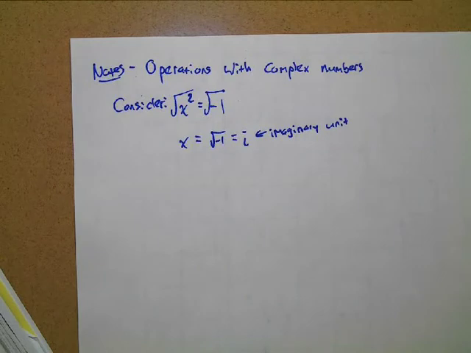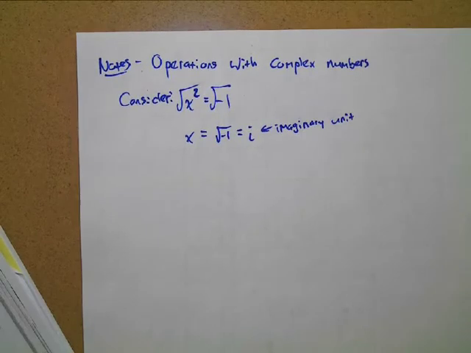Complex numbers include all the reals and all the imaginaries, and also numbers that are real and imaginary together. You should have seen this back in Algebra 1, but it's been a while, I get it. So we'll go from there.